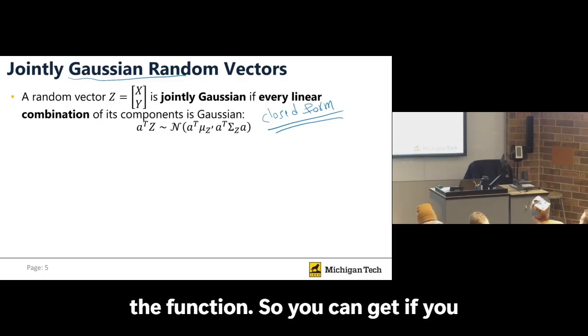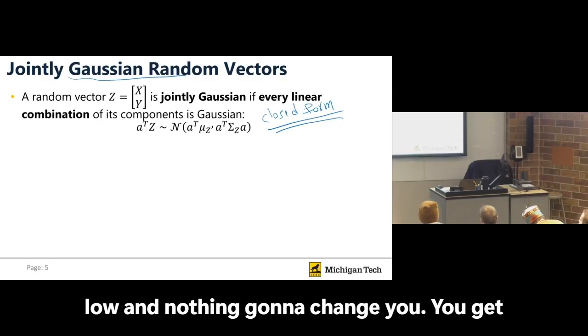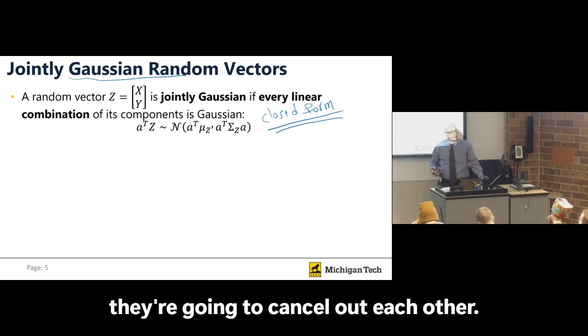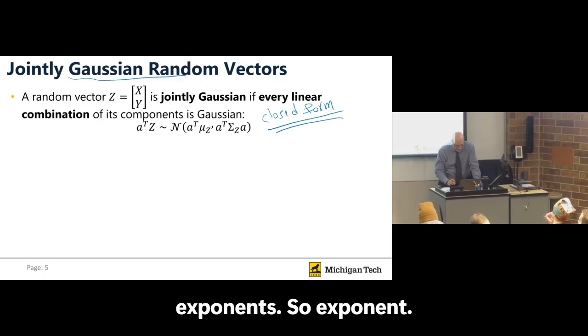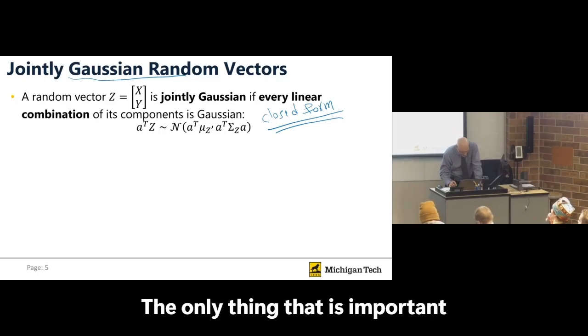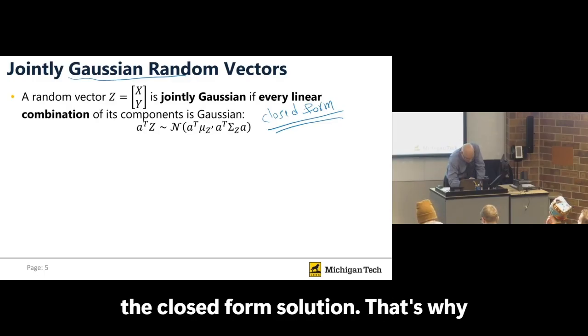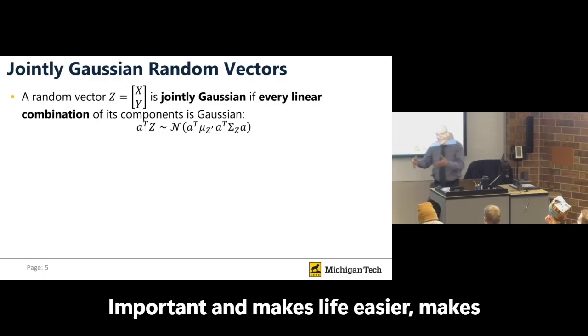So if you want to maximize it, you can just take the log, and nothing is going to change. The log and the exponential function are going to cancel each other out. And what's going to stay? Just the exponent. So the exponent is the only thing that is important, and it's going to lead us to the closed form solution. That's why Gaussians are very important and make life easier.